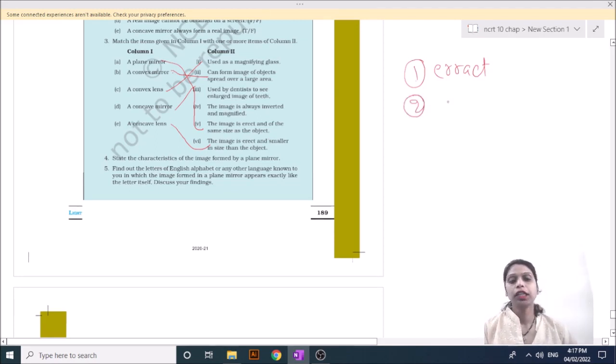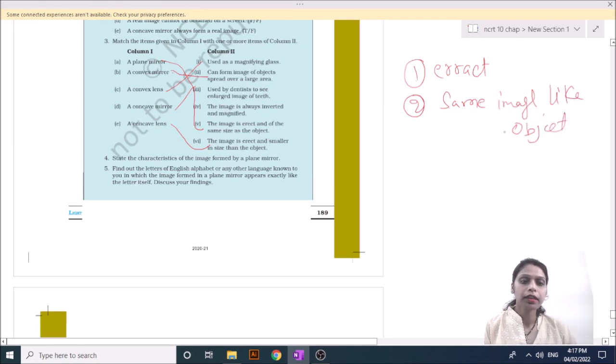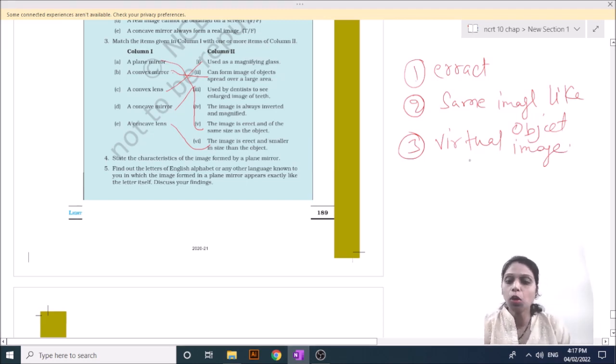Second, the image is always the same size as the object, and third, it makes a virtual image. Next, find out the letters of the English alphabet whose image formed in a plane mirror appears exactly like the letter itself. You can find that out by yourself. This is a very easy question.